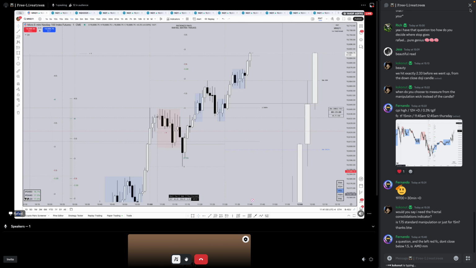Sometimes we have a fractal consolidation in a different color, but we need to see the deviations to the other side. For me, what really matters is if the manipulation leg matches some high or low.